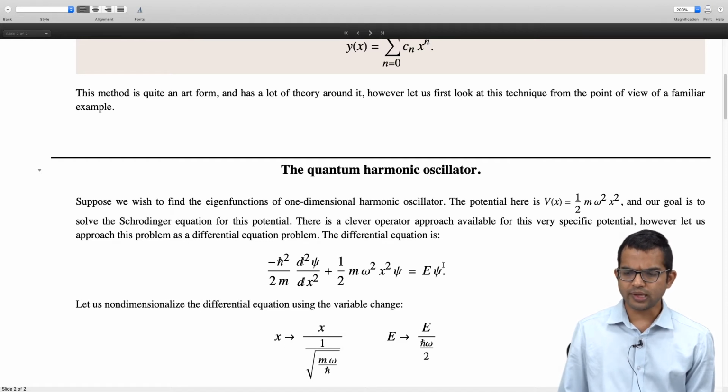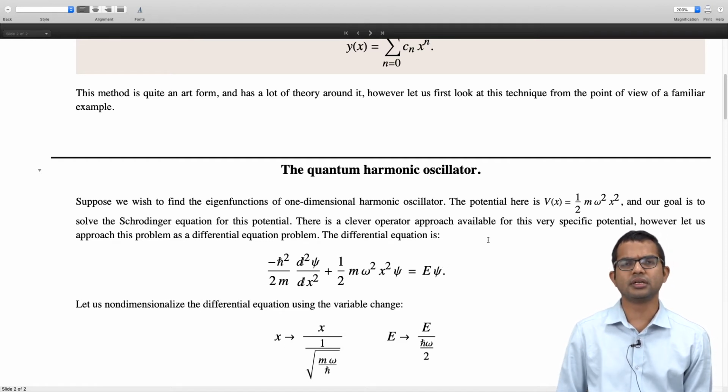The harmonic oscillator potential is of vital importance. It appears in all kinds of contexts.